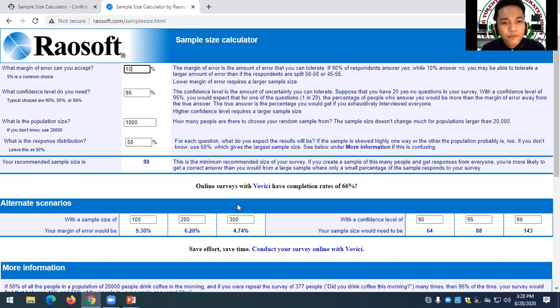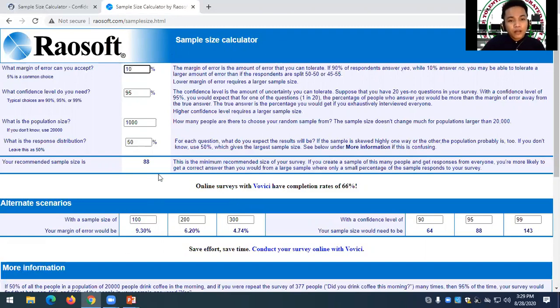Sabi dito, habang tumataas ang percentage ng margin of error, lumiliit yung sample size. Right? Pero kung ang margin of error mo ay below 5%, definitely ang sample size mo ay tataas din. Low margin of error requires a larger sample size. Yun yung sinasabi natin dito.